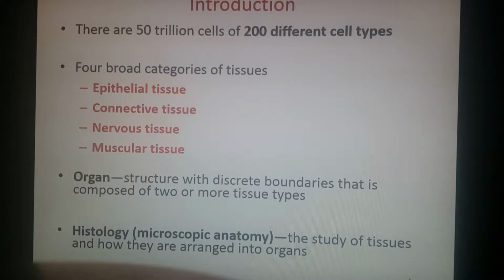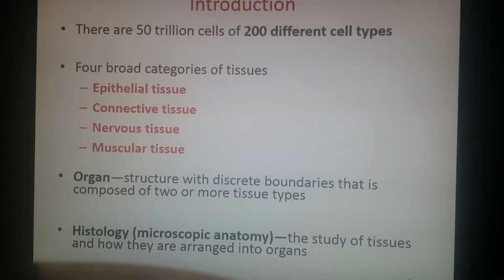So in the human body, there's about 50 trillion cells, and of those 50 trillion cells, there's about 200 different cell types. So these cells make up tissues that are grouped into 4 different categories. Each of these different categories can work together to form an organ.